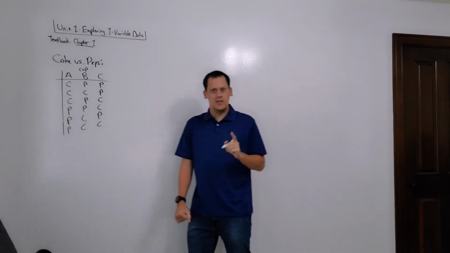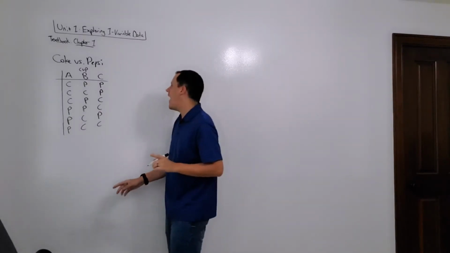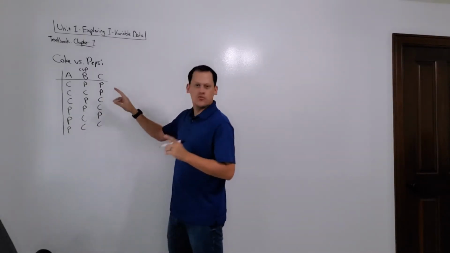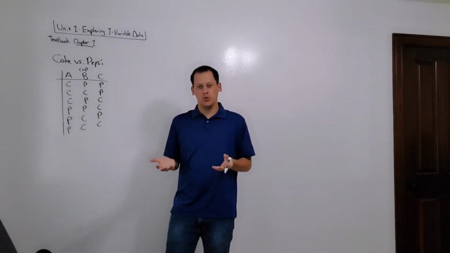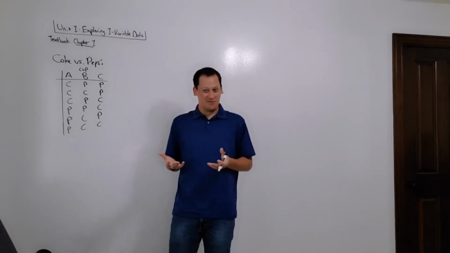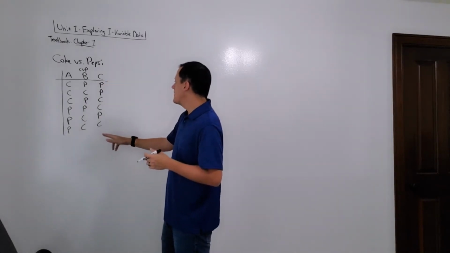I believe those are the 6 different combinations where you've got 2 of one drink and 1 of the other. So we don't have any Coke, Coke, Coke, or Pepsi, Pepsi, Pepsi. That would be kind of cruel to suggest that one of those would be different. So these are the 6.